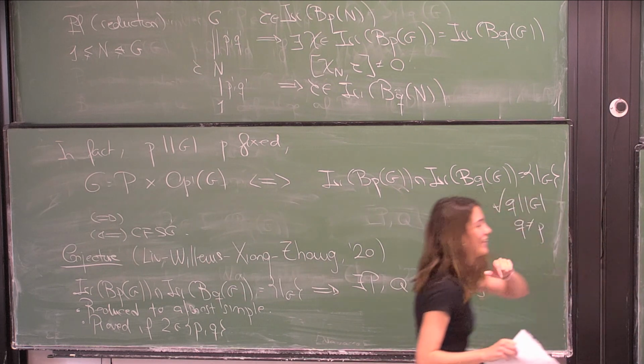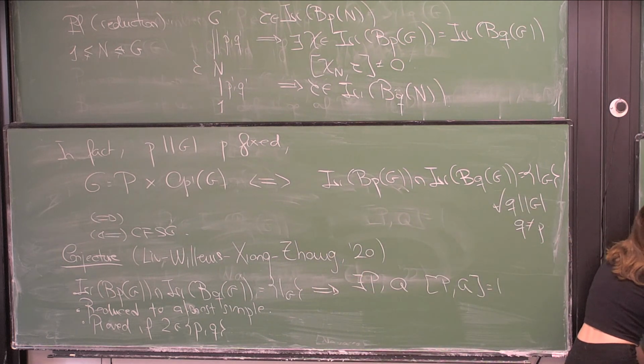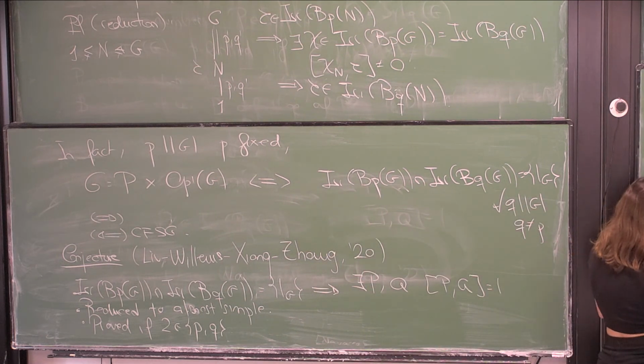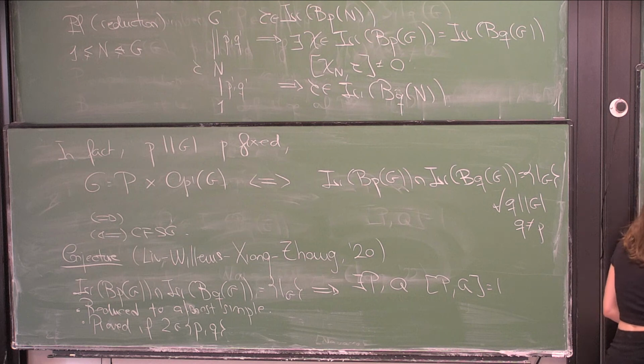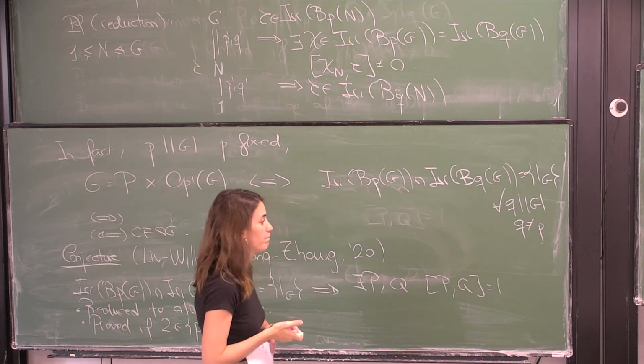I also forgot. Okay. And the second example that I mentioned was the Navarro-Willems conjecture or theorem in the case of the principal block. It said that if the principal P block of G is the principal Q block of G, then G is P prime and Q prime. And again, we think that this should happen.